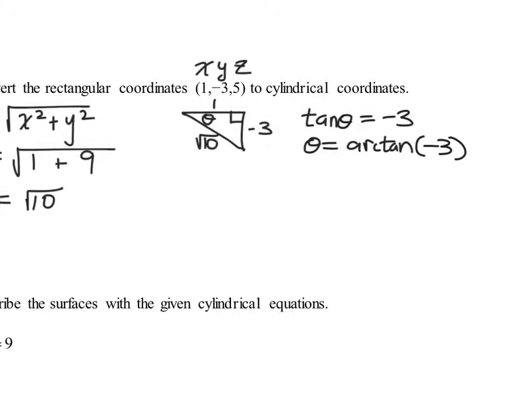Now, sometimes it's okay to leave it in that form, but that's pretty rare, so we'll actually just figure it out real quick. My mode, radian mode, arctan of negative 3, negative 1.249 roughly.